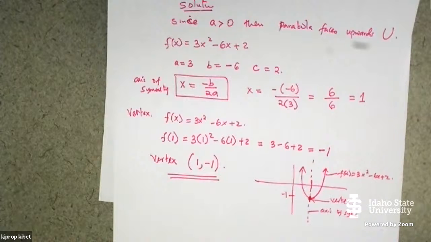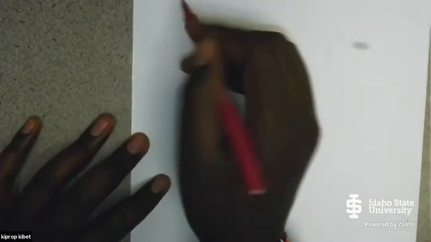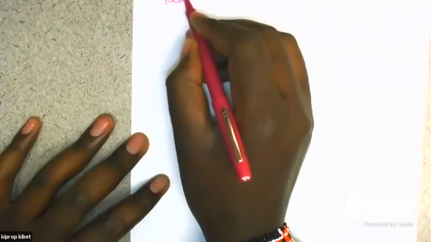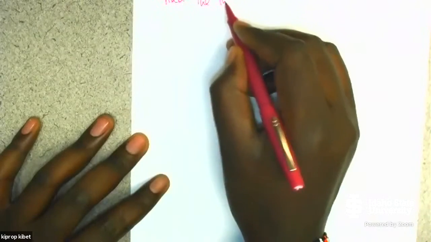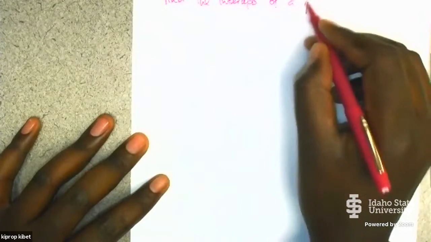So we need to look for the x-intercepts and the y-intercept. Any question up to that? So we need to find the intercepts of a parabola.